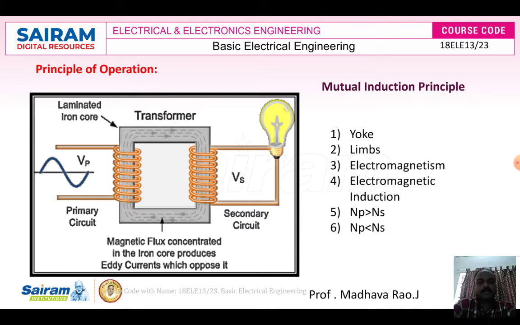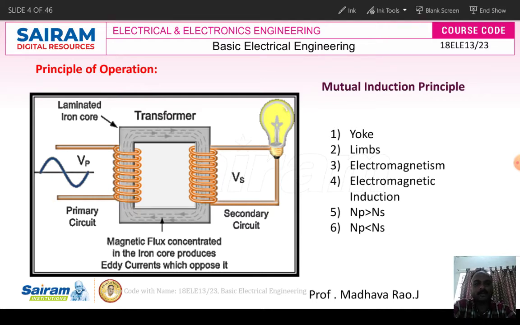Coming to the principle of operation: a transformer works on the mutual induction principle. Generally DC generators, AC generators, DC motors and AC motors work on the principle of electromagnetic induction, but a transformer works on the mutual induction principle.